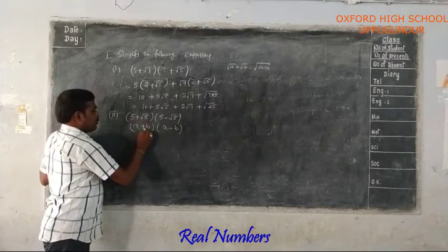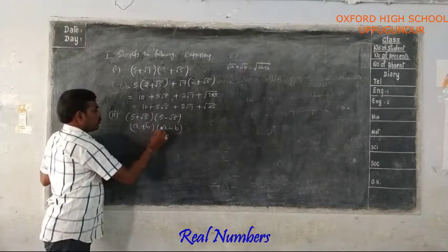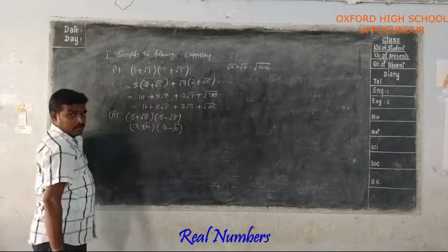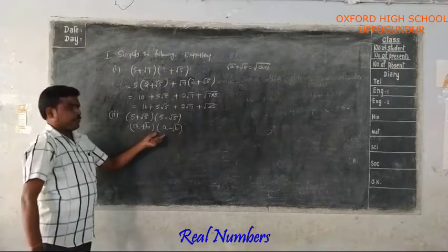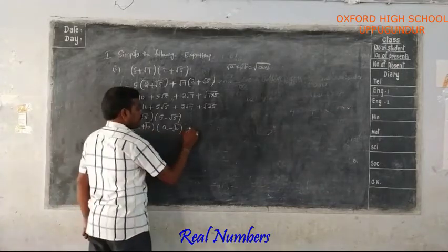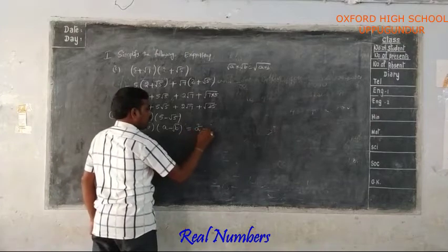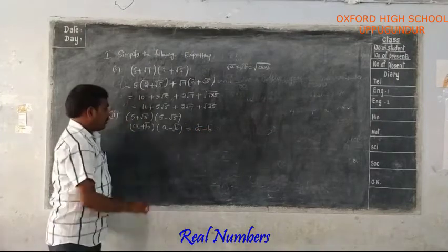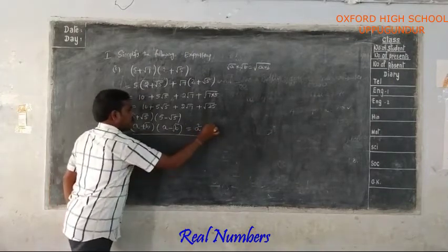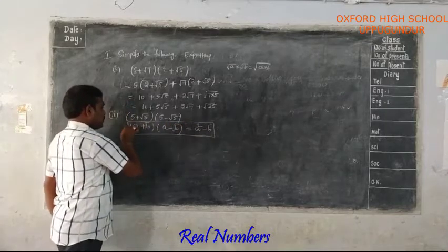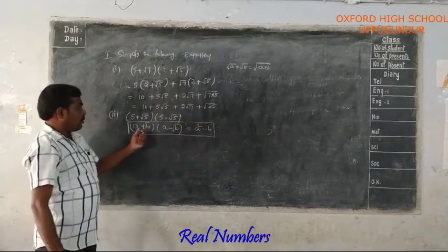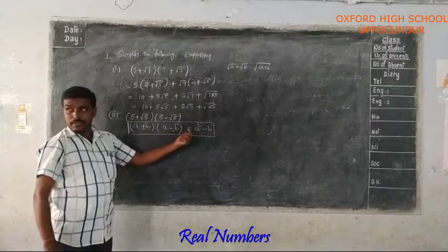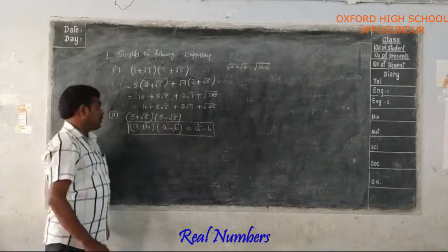Here a square root is there, so it is in the form of (a + √b)(a − √b). What is (a + √b)(a − √b)? a² − b. Already you know this identity; in previous classes we discussed these identities. (a + √b)(a − √b) = a² − b.